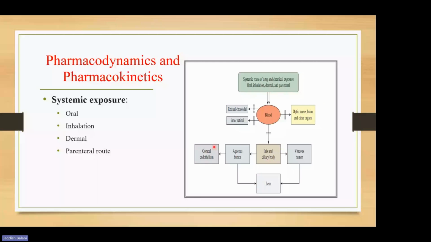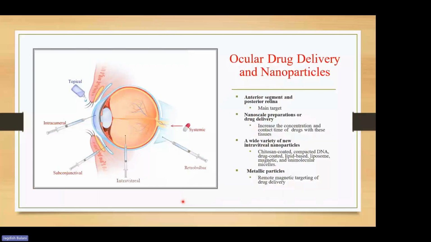Then corneal epithelium and vitreous humor, and the lens. So any compound which has traveled through the systemic route may reach the retina and create a desirable or undesirable effect. Whatever compound gets exposed, it should reach the target site. Only then does it create a toxic as well as a non-toxic response.